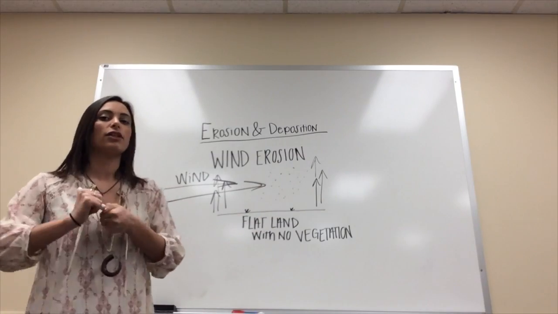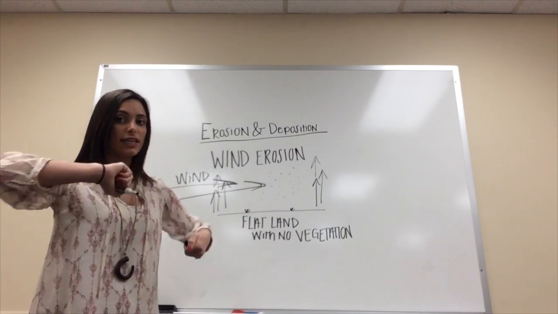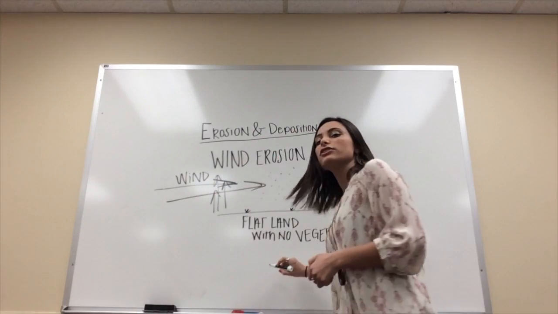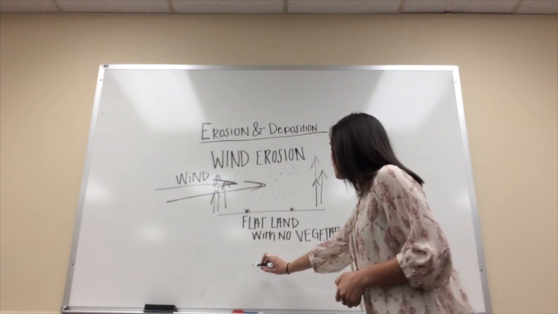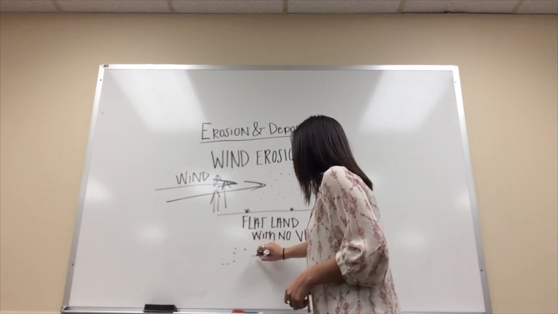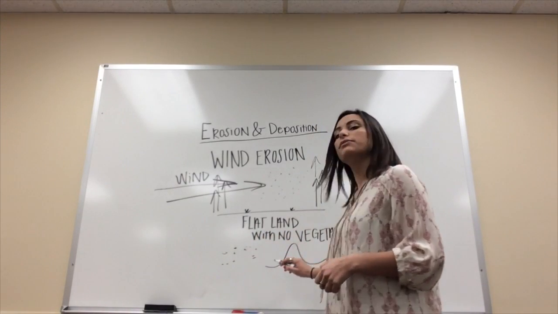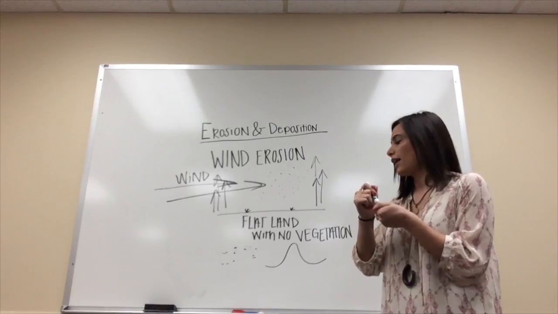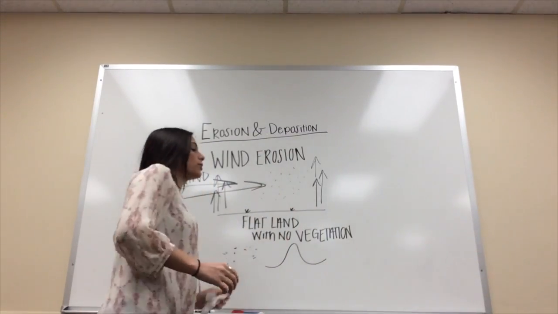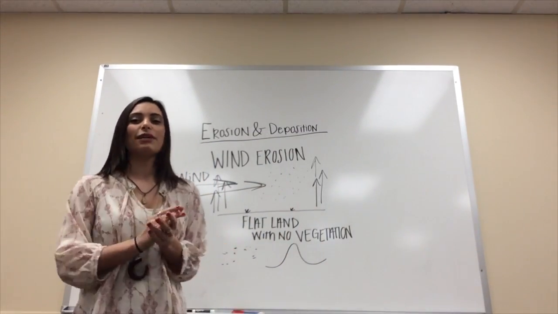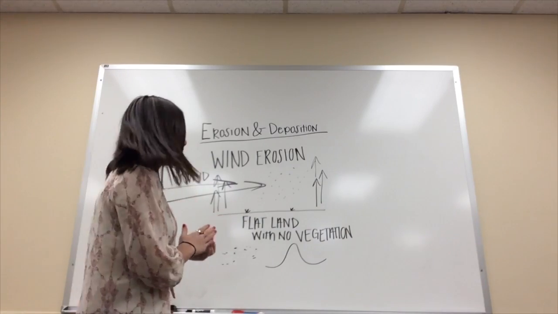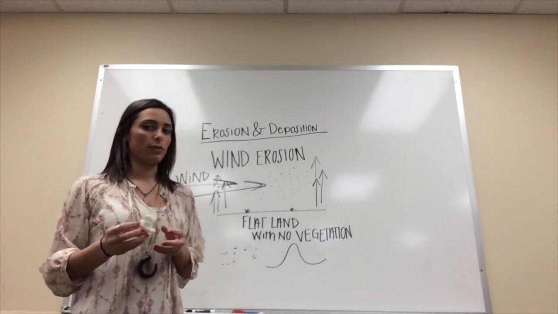This also happens a lot in deserts, and when this happens, there is so much sand that when the sand gets picked up by the wind, it forms large dunes, and dunes are basically mountains of sand, and they move whichever way the wind goes.